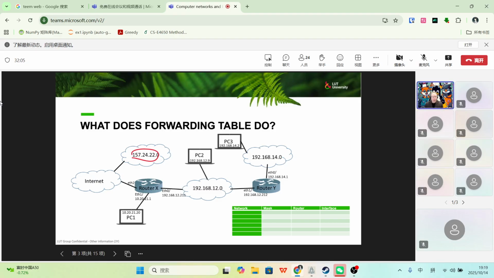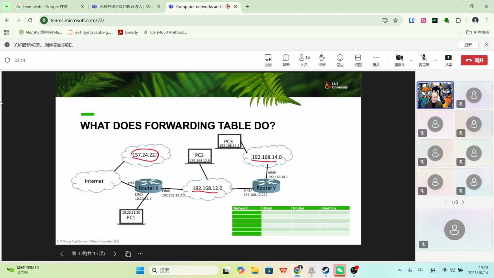So in the forwarding table, we have rules which dictate which direction, or which router, we are going to send to. This network is connected directly to us. We are router Y, and we need to know about that. Then we have a network there, which is also connected directly to us.